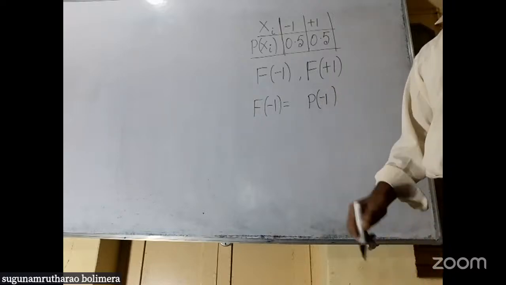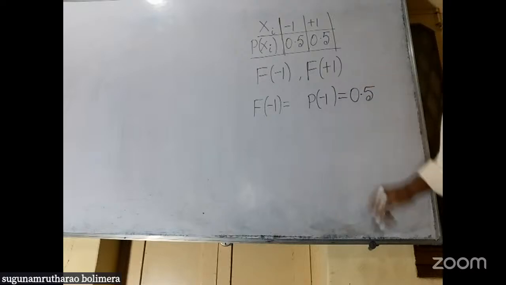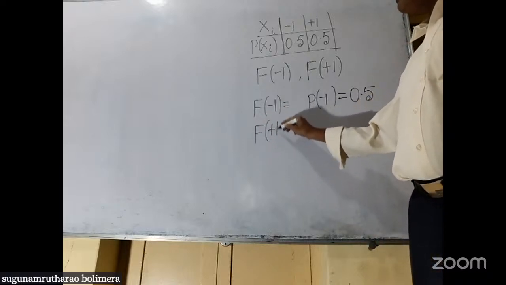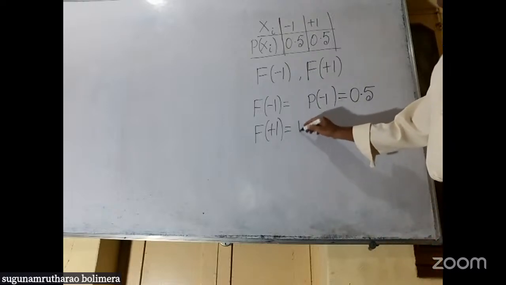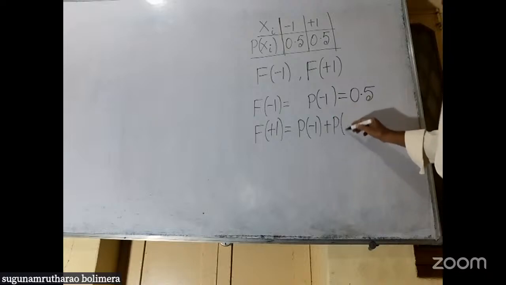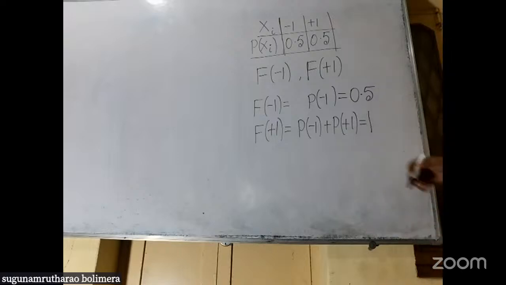P of minus 1 is 0.5, and capital F of plus 1 is P of minus 1 plus P of plus 1. What is that? 1.